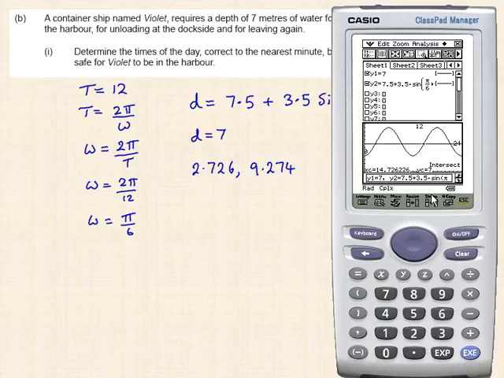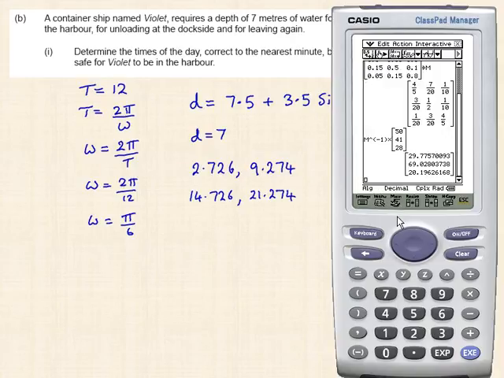We'll go for the next one, 14.726. And the next one would be at 21.274. And it's when it's between these times and these times that it's safe.